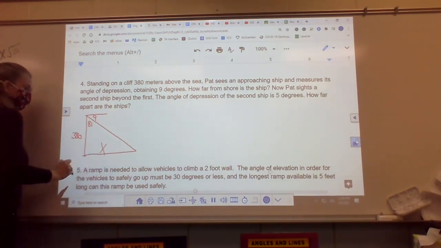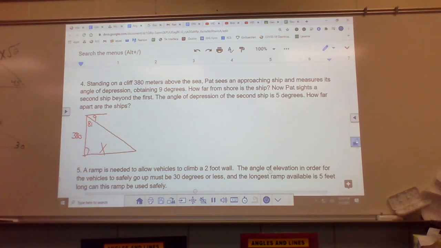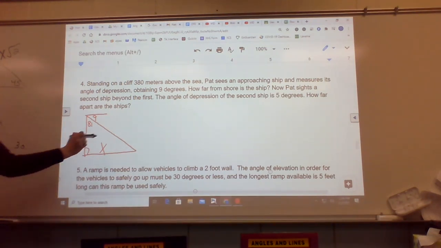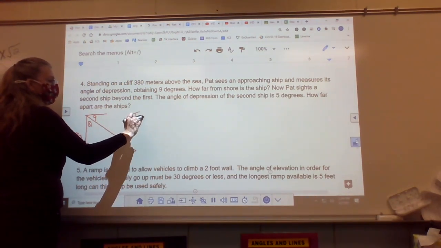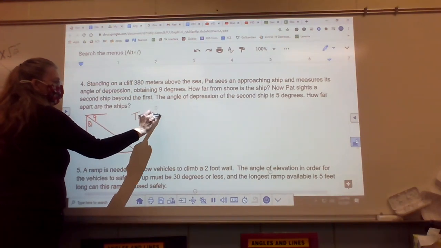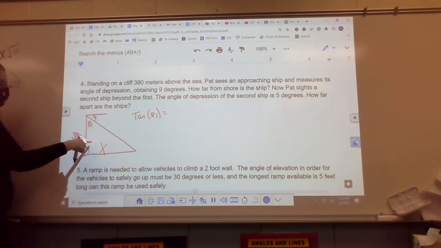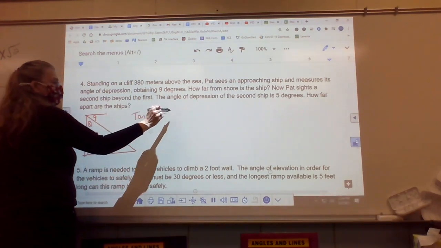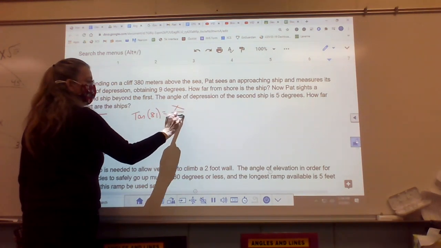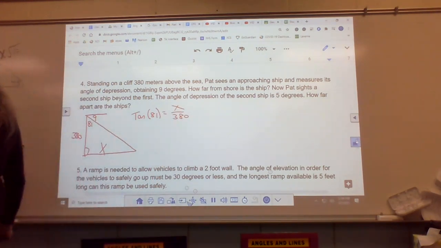So that's the X. So there's my picture. Well, it looks like I have an O and an A. So tan of 81 equals opposite over adjacent, X over 380. That's my setup.